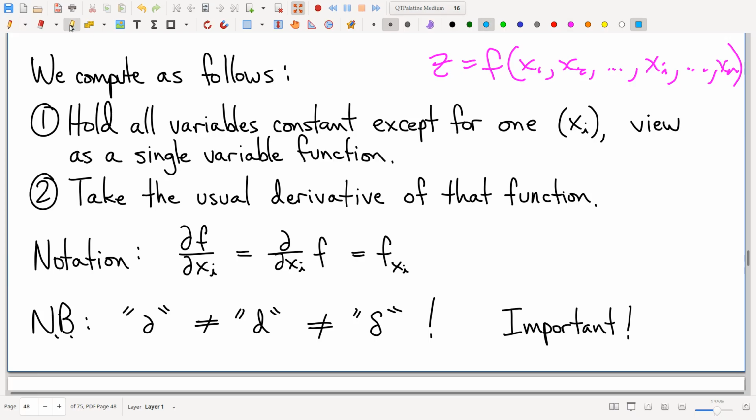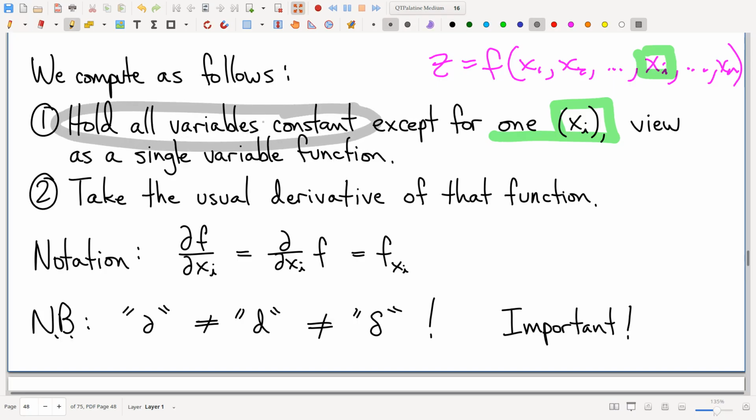What we're going to do is pick one of the input variables to stay a variable. And we're going to hold all of the other variables constant. So that's going to stay constant, that's going to stay constant.